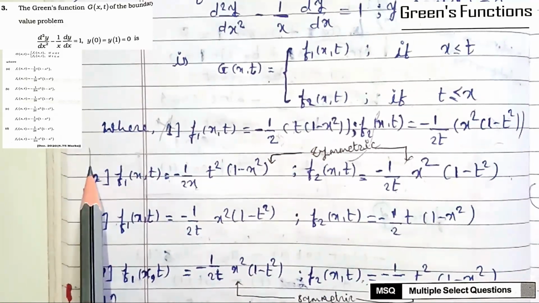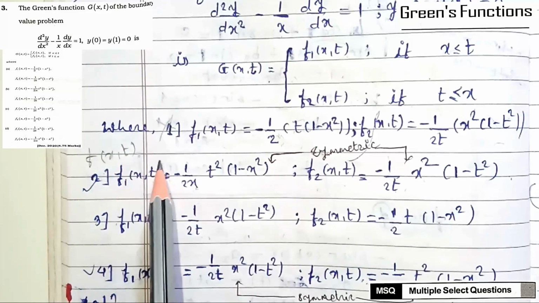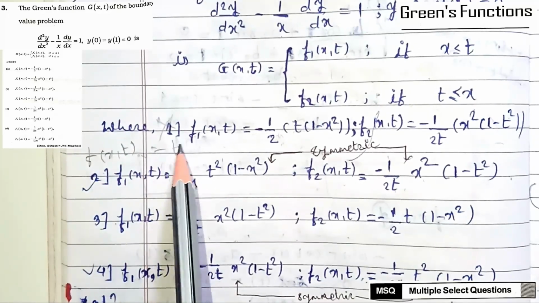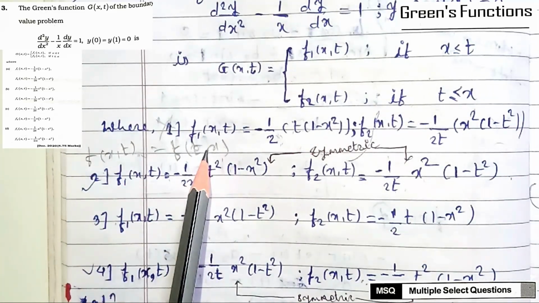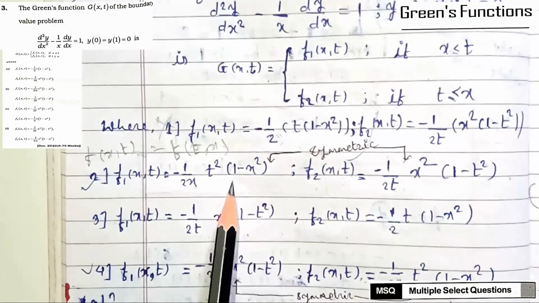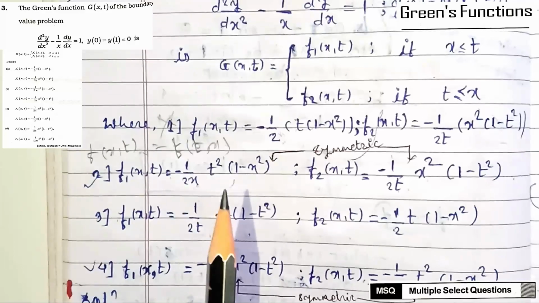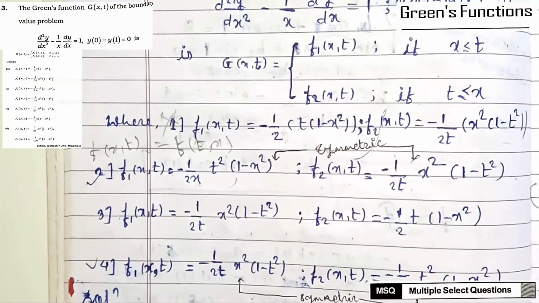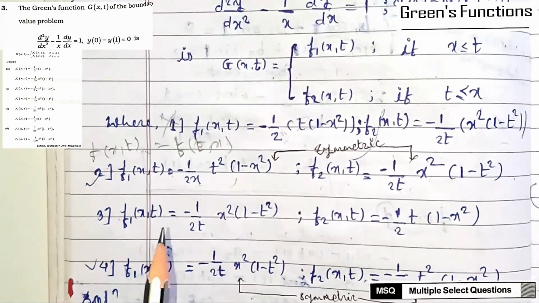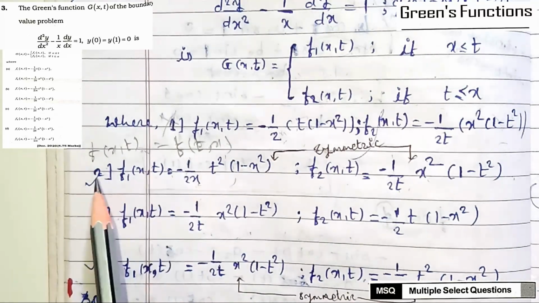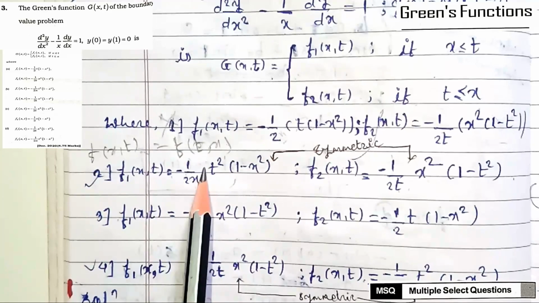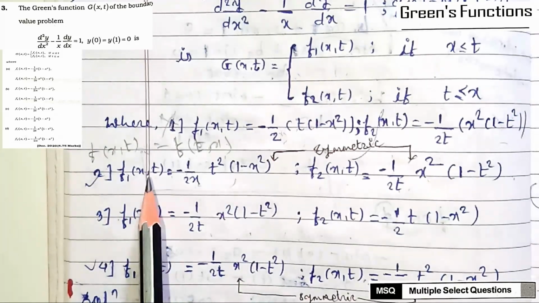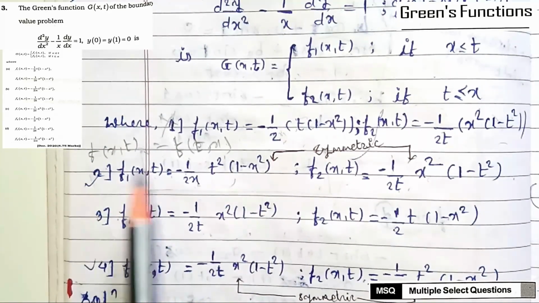That means f of xt is equal to f of tx. This property holds here. So if f of xt is equal to f of tx, then we say that the Green's function is symmetric. So the second option might be true; we may call it correct.